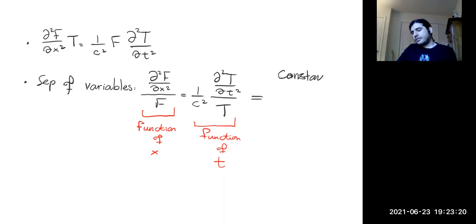Now, completely similar to the analysis we did before, we understand this constant should be negative. And therefore, we can denote that with minus something squared, minus lambda squared. Again, it's very similar to what we had before. The difference is that the equations we get here are different.